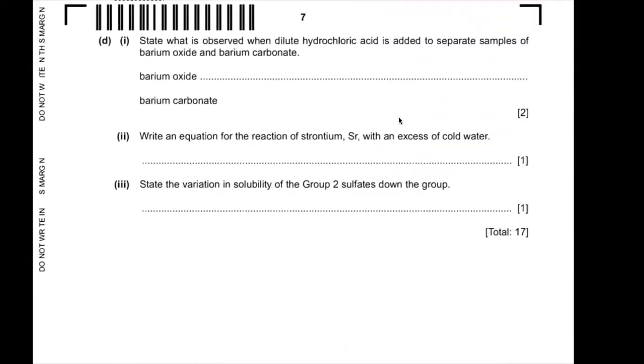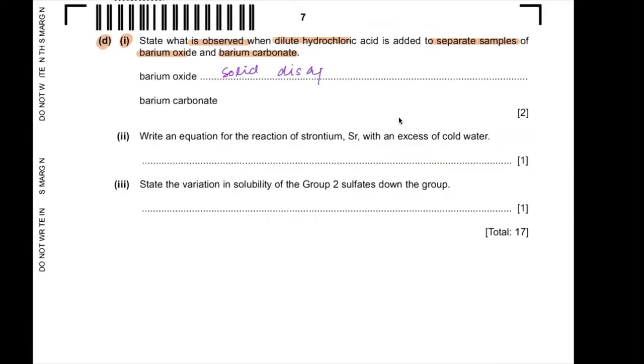Now, D1. State what is observed when dilute hydrochloric acid is added to separate samples of barium oxide and barium carbonate. So with barium oxide, a metal oxide reacts to form salt and water. So barium oxide is a solid. So what is going to happen? That solid disappears.